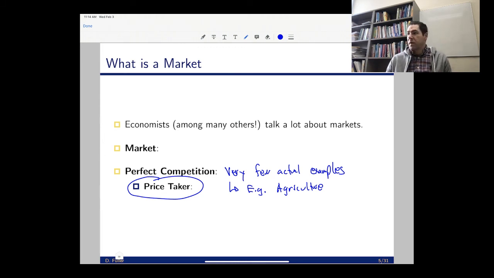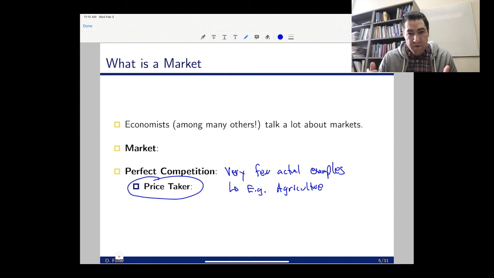If I'm selling corn or carrots, whatever it is, that tends to be a perfectly competitive market. Why? There's lots of sellers, lots of buyers, and it's always an identical product, right? The carrot that I sell, generally speaking, is not going to be any different from the carrot somebody else is selling. And since there's so many of them, there's nothing I can do to affect the price. So I just come to the market. I know I'm going to be able to sell my carrots for whatever the going rate currently is, and the same is true of buyers.